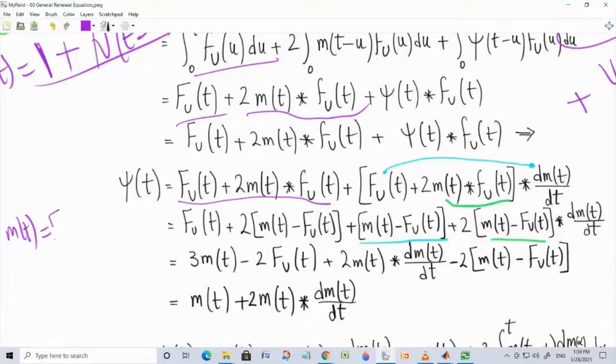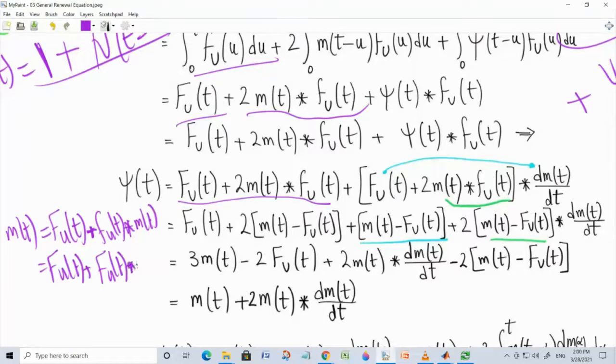Remember those guys: M of t is equal to F_U of t plus f_U of t convolved with M of t. And it is also equal to F_U of t plus f_U of t convolved with the first derivative. So those are your friends. You can use them. For example, here you have M of t convolved with the PDF.